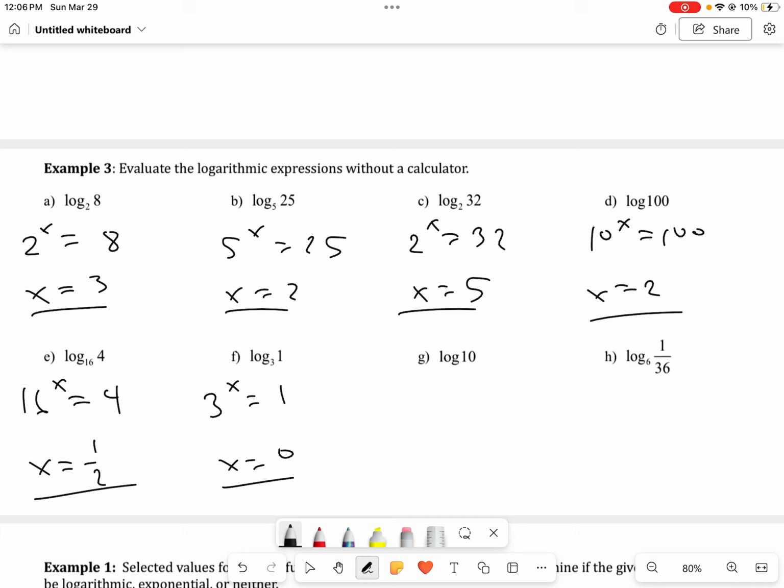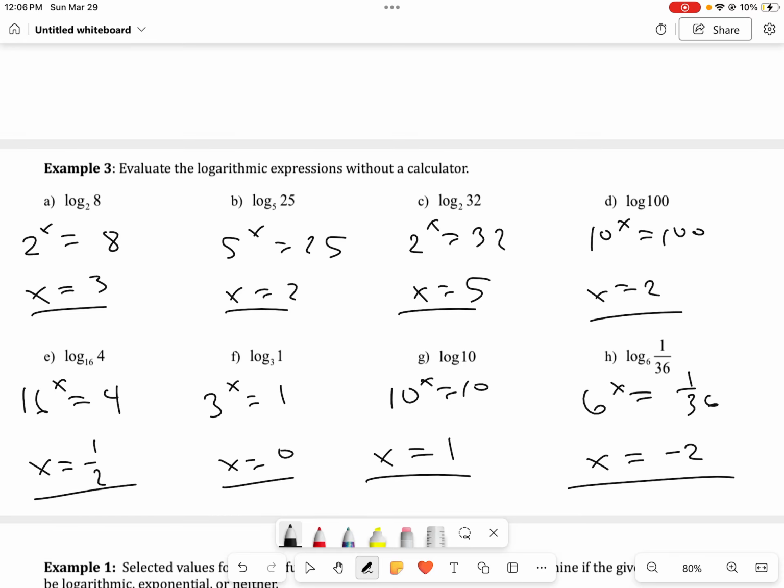Log of 10 to the power of 10, so we're just doing 10 to the power of x equals 10. x is just 1. And right here we have 6 to the power of x is 1 over 36. What you want to do is flip the base, so that's going to be negative, and then it's going to be squared because 36. So x equals negative 2. Okay, so we did that.